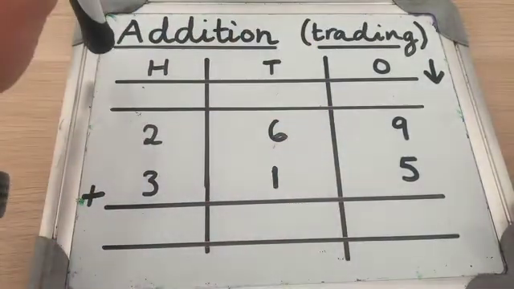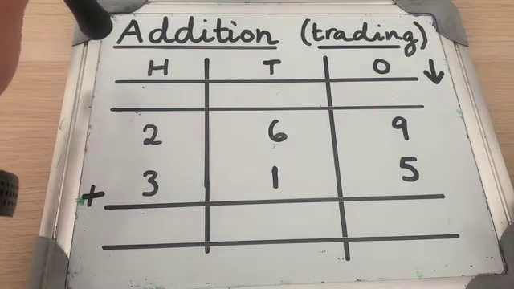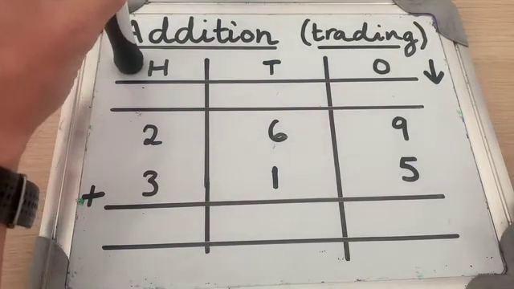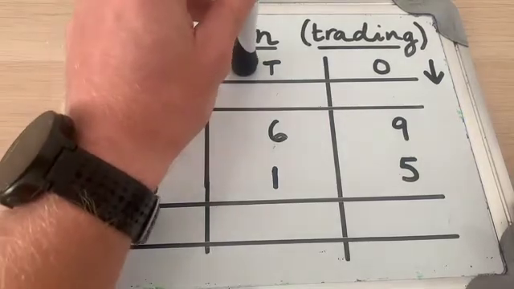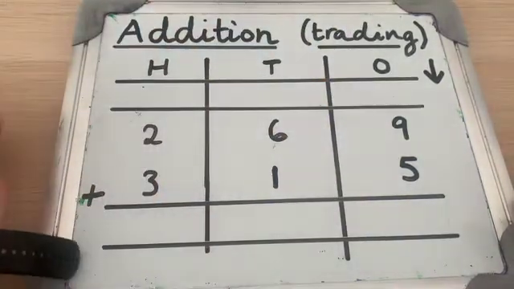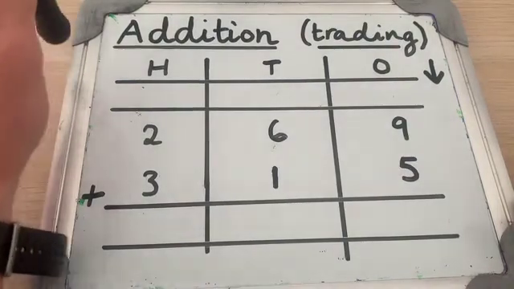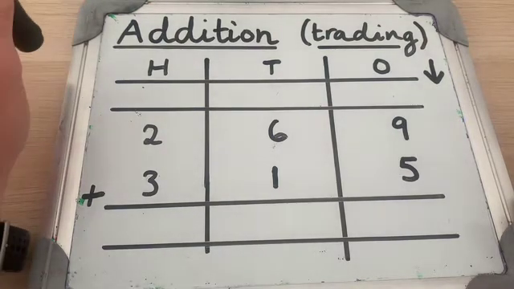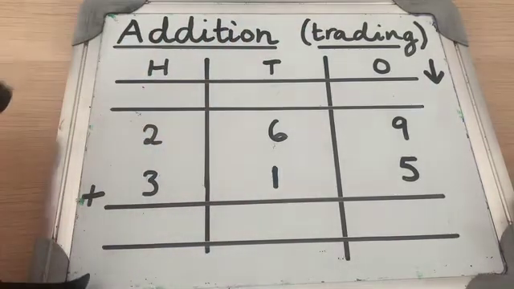You can see that I've got 3 columns because I'm adding 3-digit numbers, and I've got the hundreds column, which is H. I've got the tens column T, and the ones column O. If you're in thousands, you would write TH. If you're in 100,000s, you would write HTH. Okay? So make sure you have your columns labeled.